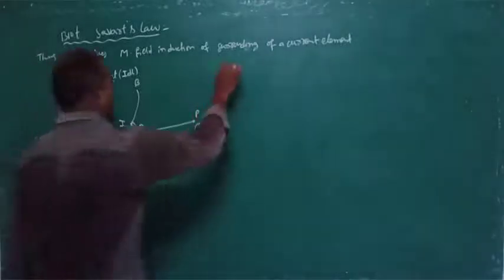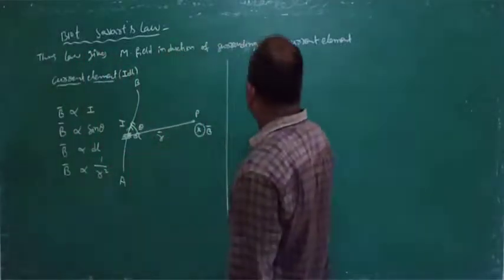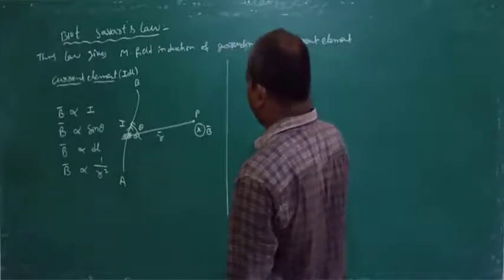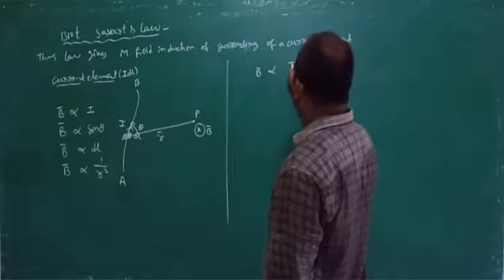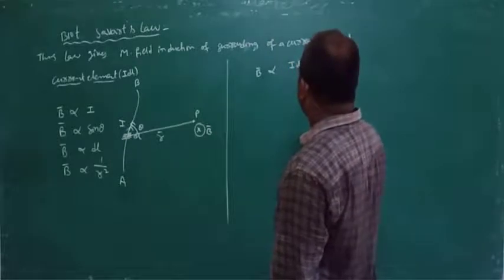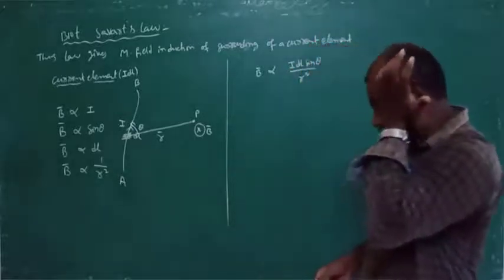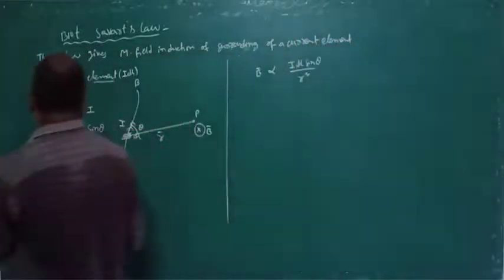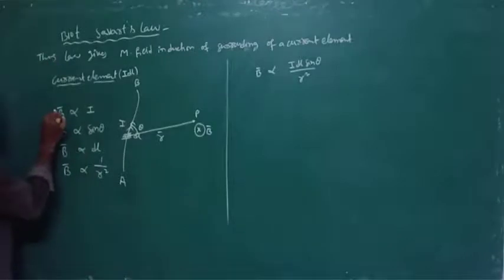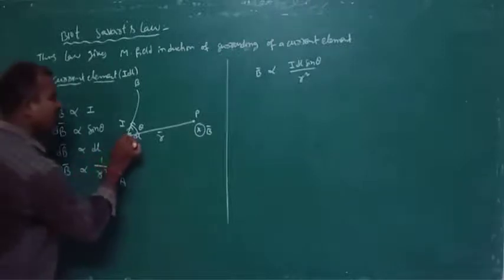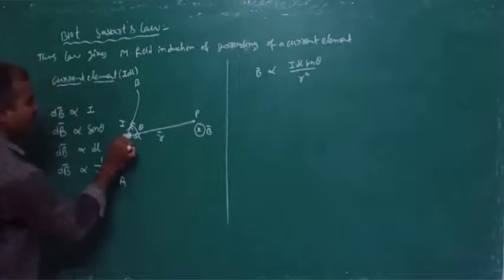Therefore, magnetic field induction B bar is directly proportional to I dl sin theta by r square. This is a small amount of magnetic field, because it is a small elemental length of the current carrying wire.